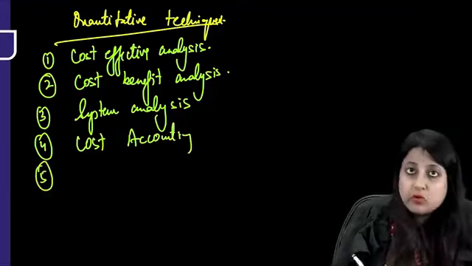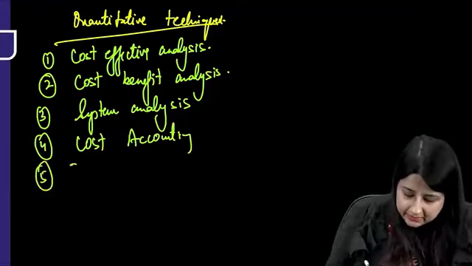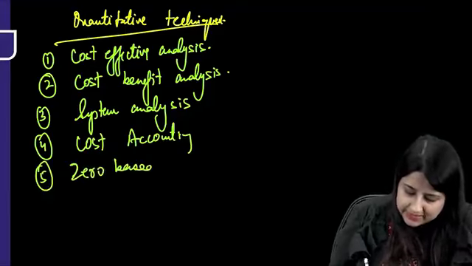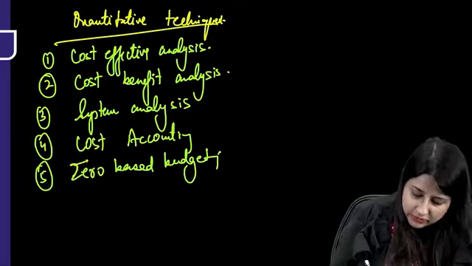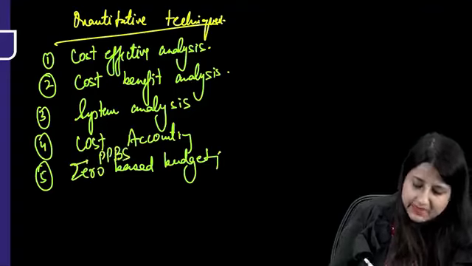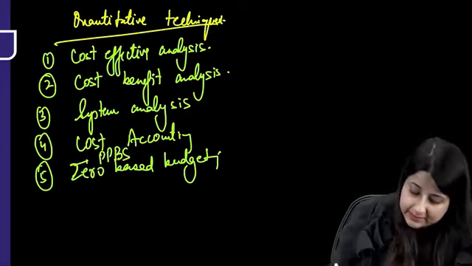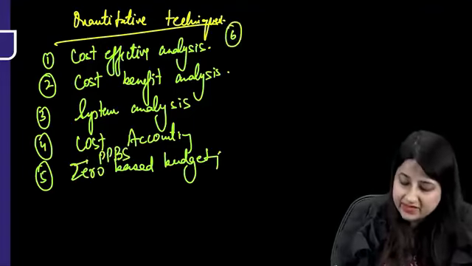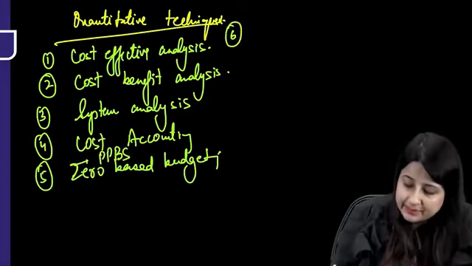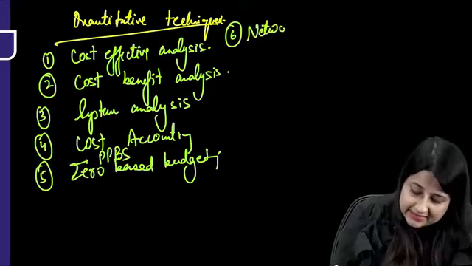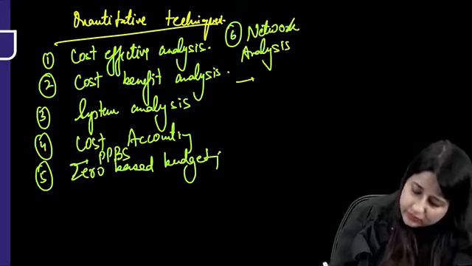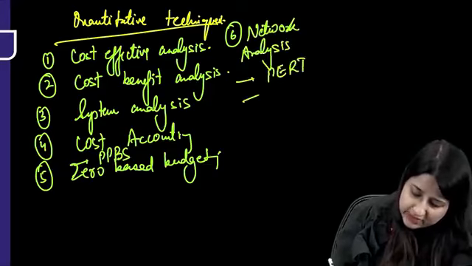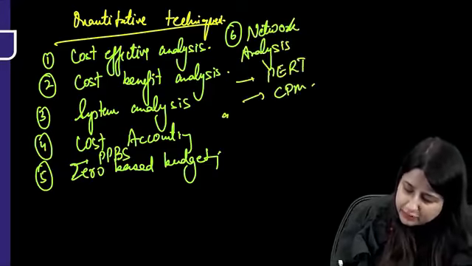Then more important is zero-based budgeting, in which you can also say PPBS, program planning budgeting system. Then another very important one which can turn up in exams is network analysis. In network analysis, we have to revise two things, which is expected, PERT and CPM, critical path method.